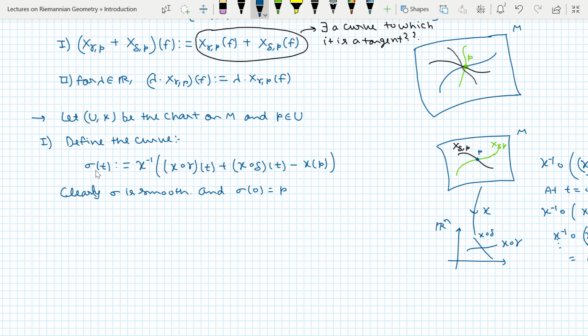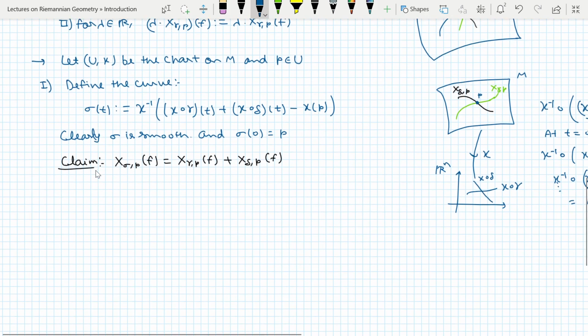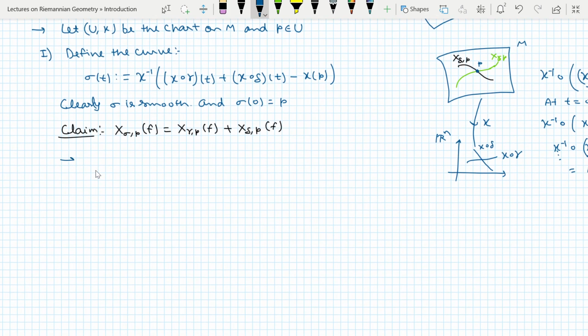So this curve indeed passes through the point p. Now the only thing we need, the claim is that the tangent vector X_{σ,p} is nothing but this object that we get after summing up, that is X_{γ,p} f plus X_{δ,p} f. So let's prove that.